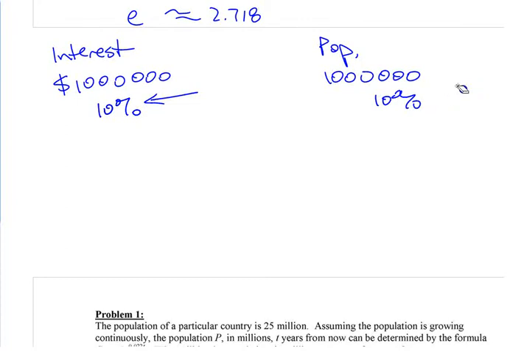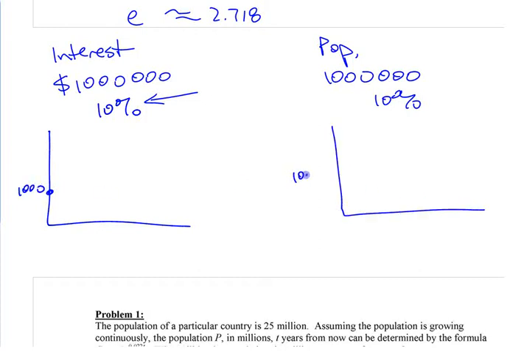Population is growing. When you're paid interest for a bank account, if you drew a graph of it, you're starting at 1,000 here, and you're starting at 1,000 over here for your population. Sorry, 1,000,000. I changed it. I forgot already that I changed it. So we're starting at 1,000,000 here, and it's going to go up from there.